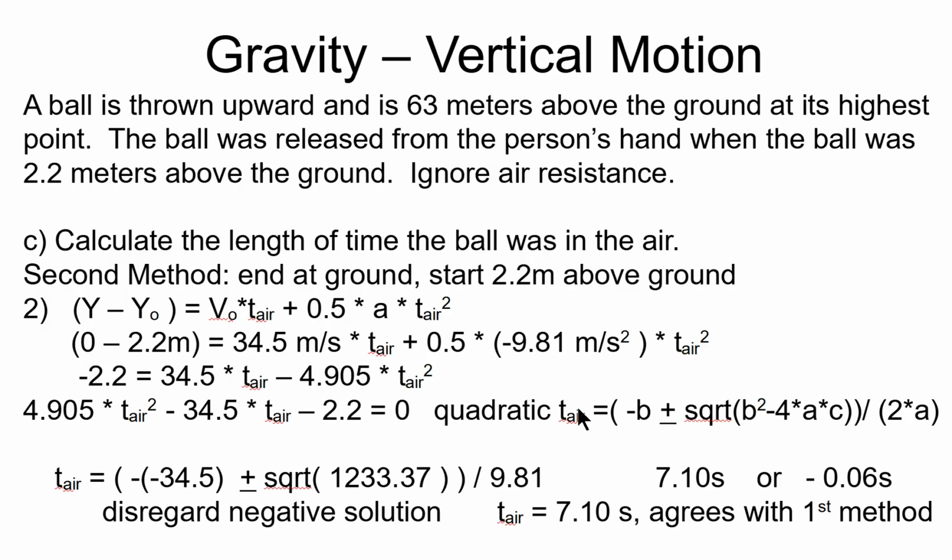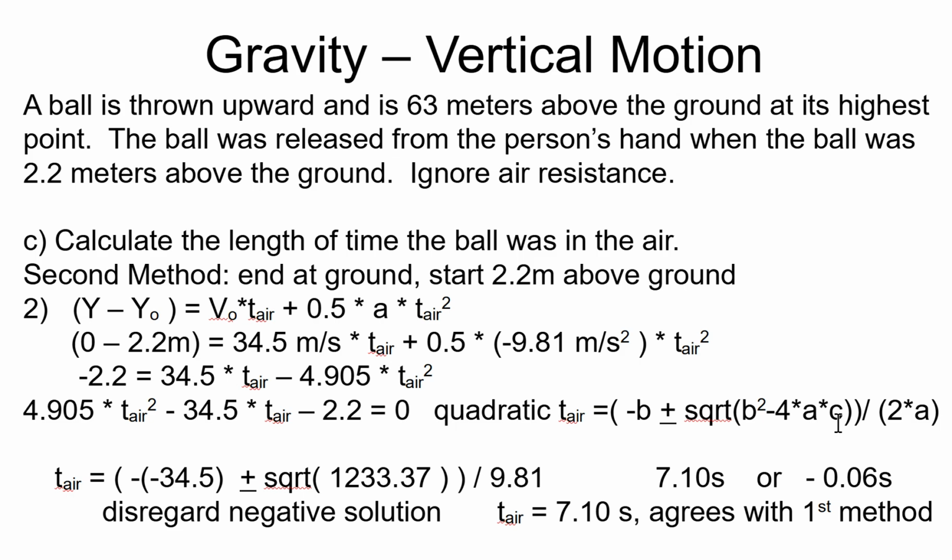The value of the unknown, there's going to be two values, is we put a minus sign in front of the coefficient of this middle variable, t to the first power. So it's going to be minus b, plus or minus the square root of b squared. Again, b is the coefficient of this first powered variable, minus 4 times a, the coefficient of the squared variable, times c, the constant in the problem here. And then, after you do this calculation, you're going to be dividing by 2 times a.